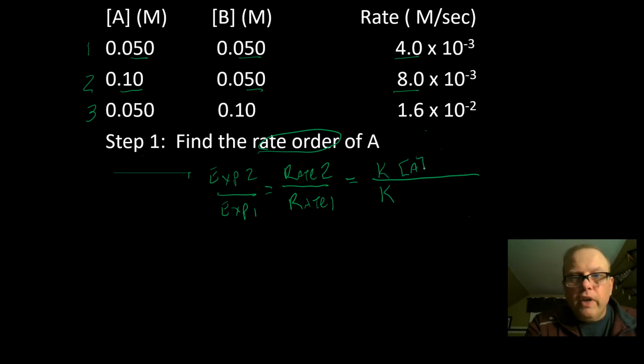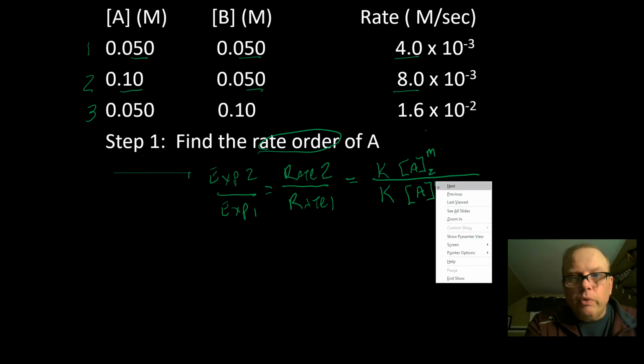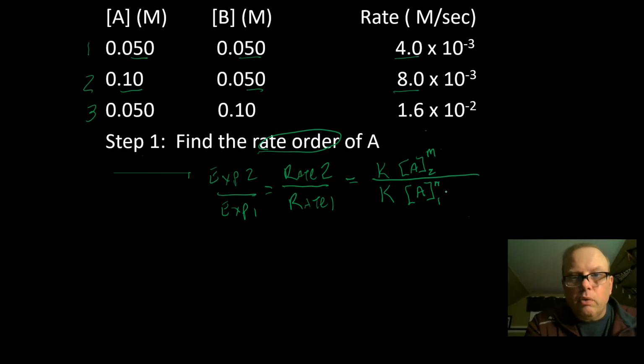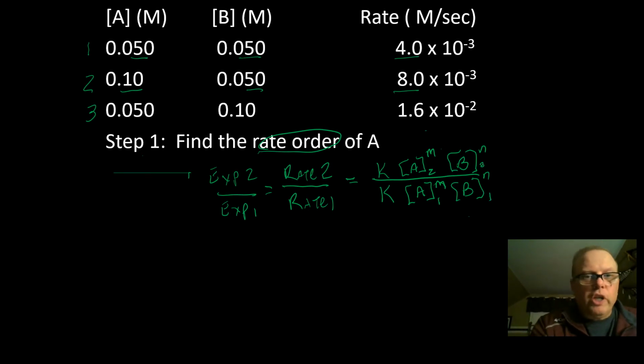The concentration of A for the second experiment to its rate order, which is M, which we don't know, divided by the concentration of A from the first experiment to its rate order M, and then B to its factor of N over B to its factor of N. This will be B from the second, and this will be B from the first, and they will not change.